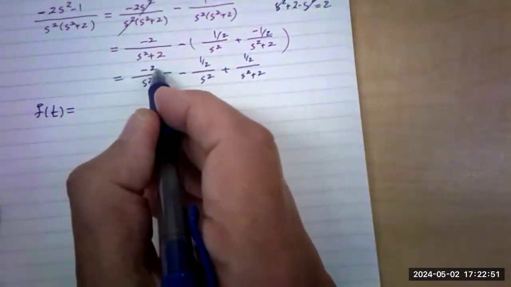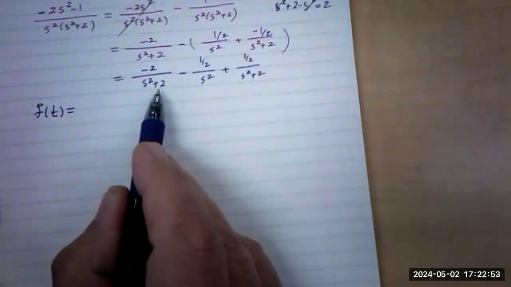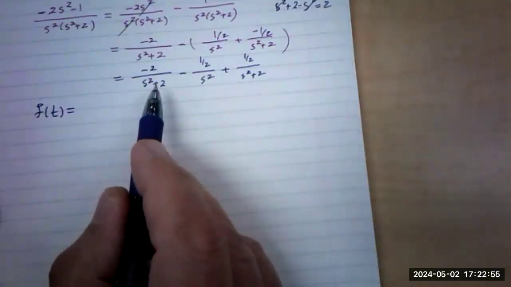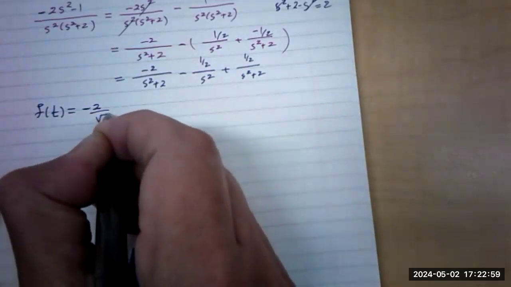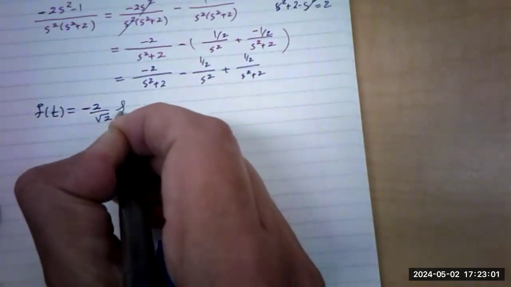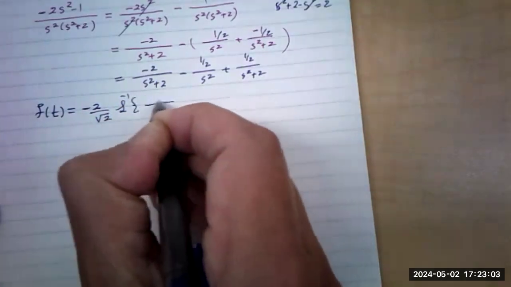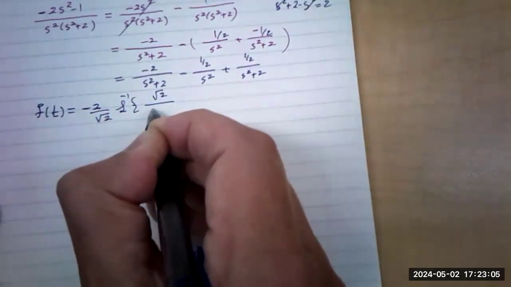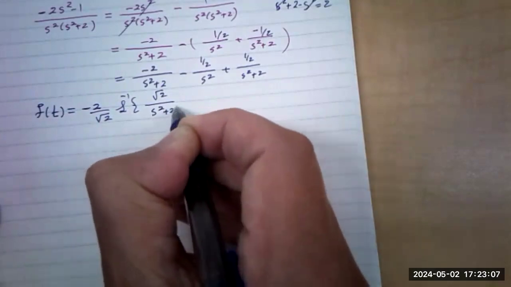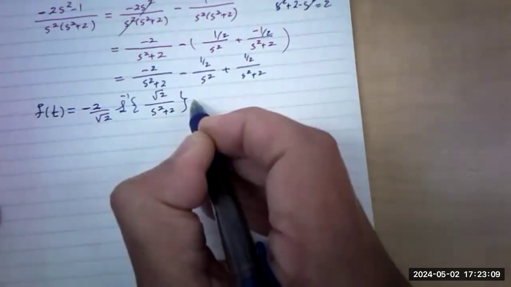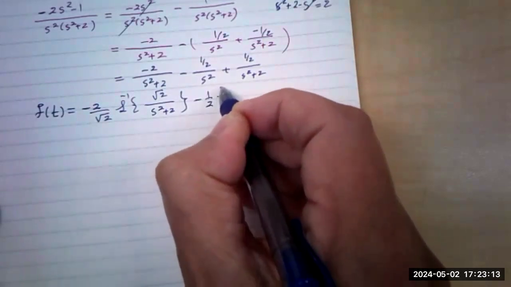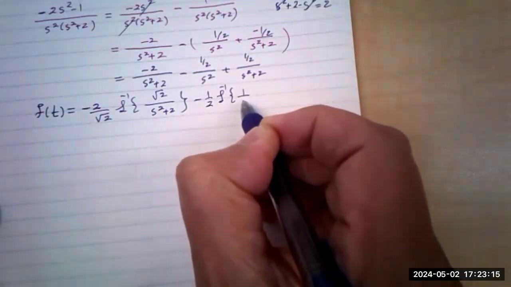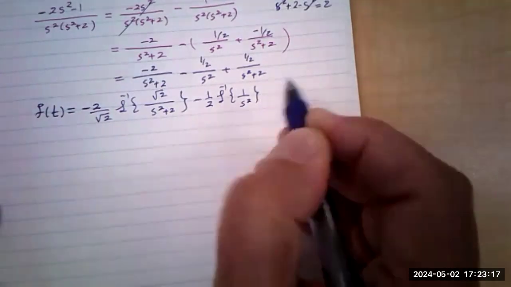The Laplace inverse of the first one. You know that the first one would be sine. But if you like, you can write it as negative 2 over radical 2, create the radical 2 first. Just for your information, we do it right away. This is what will happen to the first one. This would be 1/2. You know that this can be done easily because this is t.